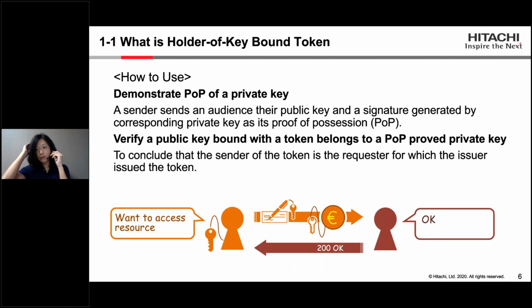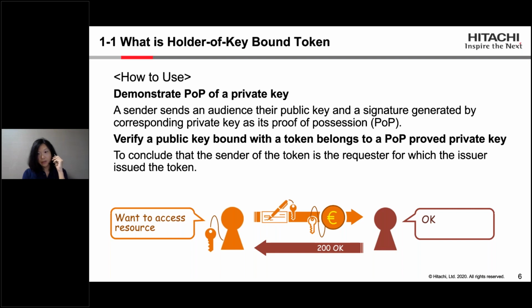So to use this holder-of-key bound token, the sender of this token for resource access needs to demonstrate proof of possession of the private key corresponding to the public key that was bound with the token.